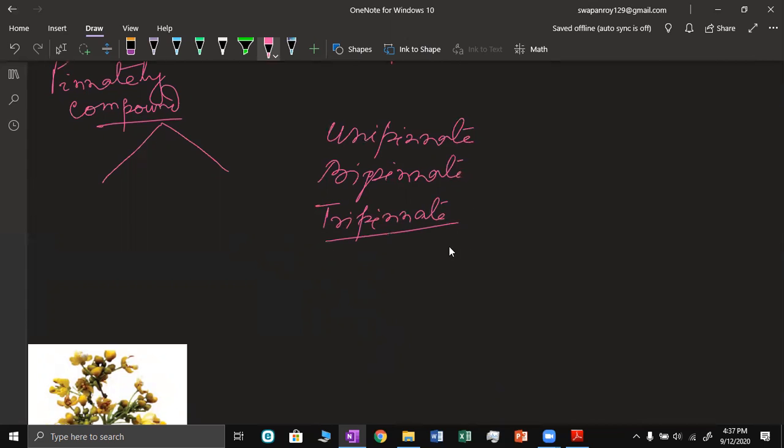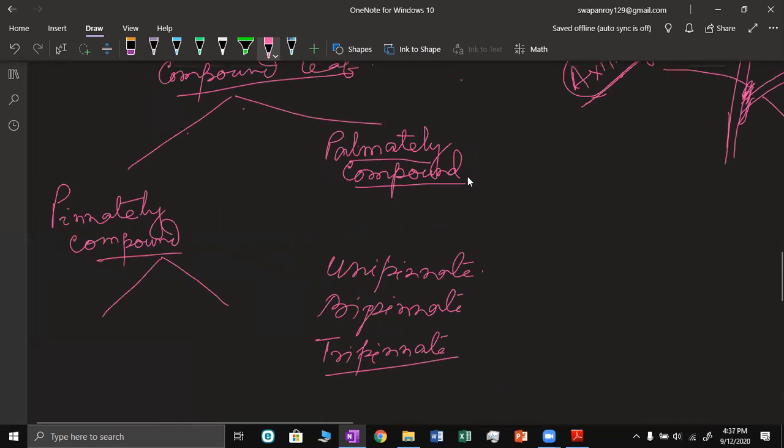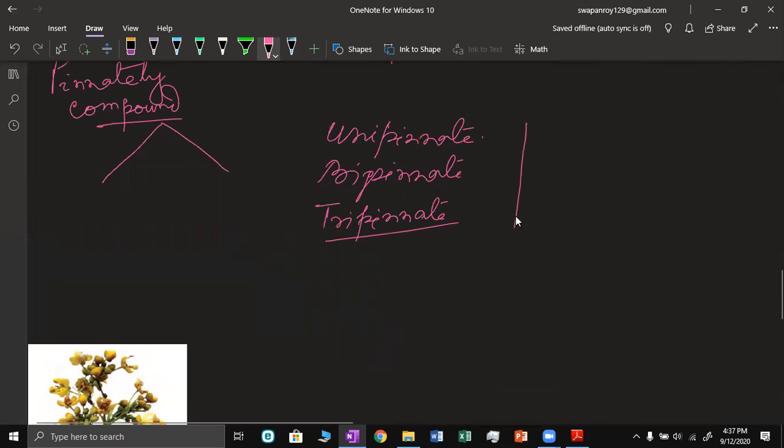Here is the stem, this is the petiole and the rachis, and there are lateral branches.